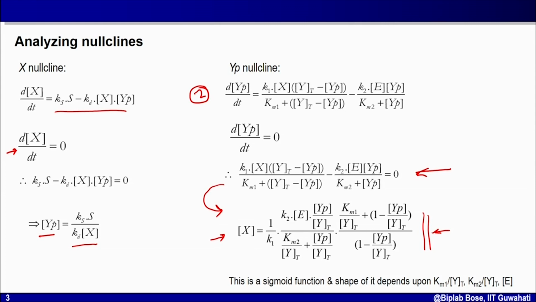Now if you remember from that module, this X versus Yp relation is actually sigmoidal.